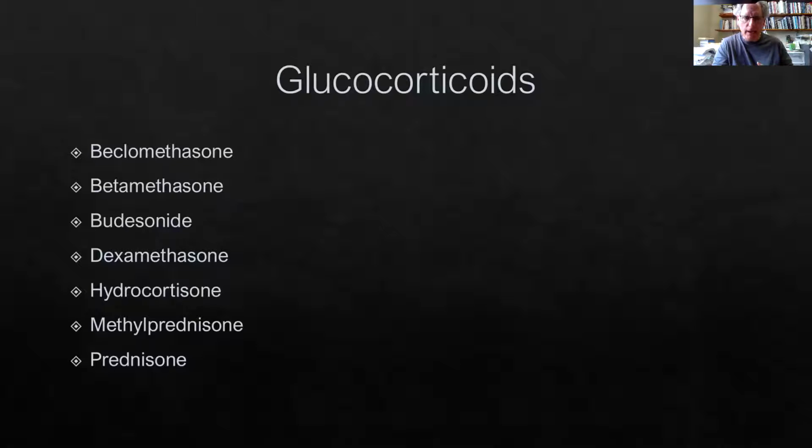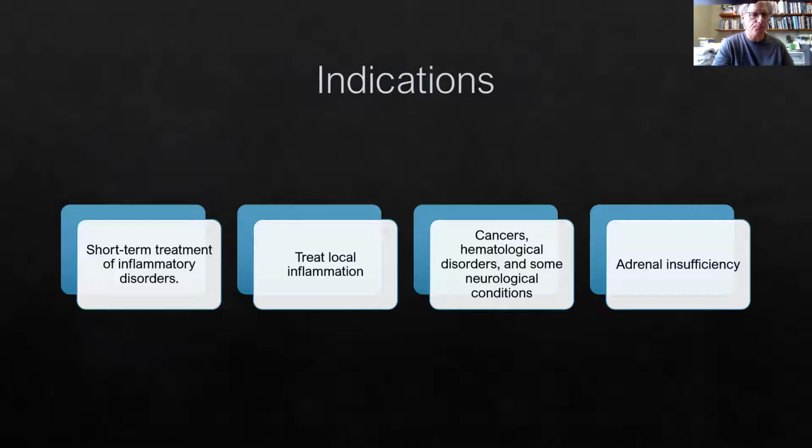So budesonide, beclomethasone, fluticasone are also used for asthma. Prednisone and methylprednisone are given orally for severe asthma. So these drugs are used for treatment of local inflammation. They're used for short-term treatment of inflammatory disorders.